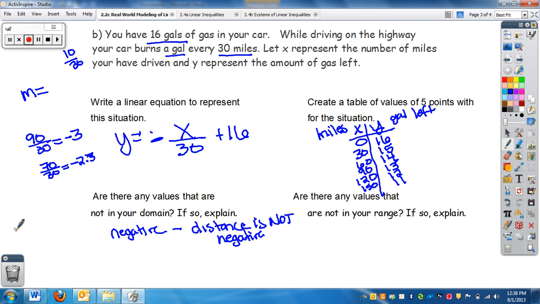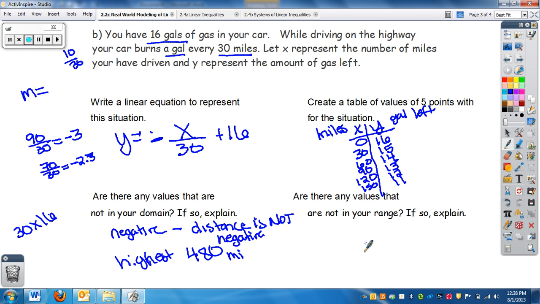Well, if every 30 miles is a gallon, how many sets of 30? And you only have 16. So you take 30 times 16. You get 480. So the highest should roughly be about 480. Now I know that changes based on where you're driving and stuff, but generally speaking, the highest should be 480 miles.